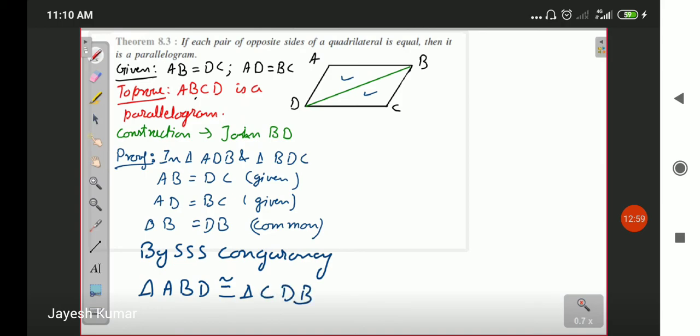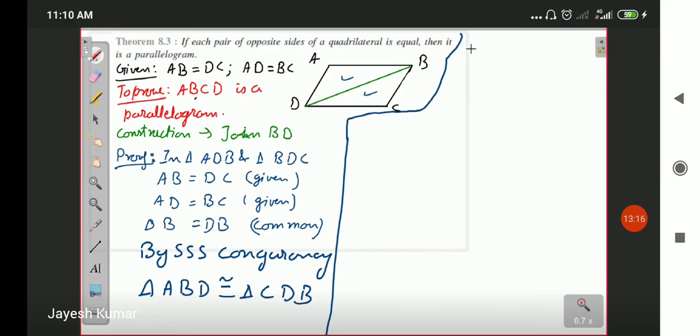Now we need to prove that opposite lines are parallel. So in order to do that, I'm going to use alternate interior angles reversely. What I'm going to say is that since alternate interior angles are equal, therefore lines should be parallel.